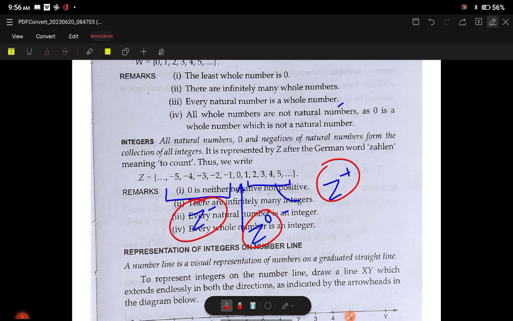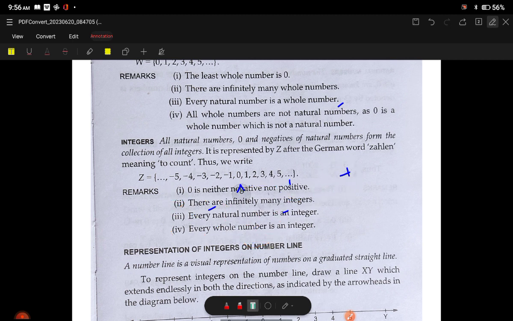Coming to the remarks, some remarks we will see. 0 is neither negative nor positive. There are infinitely many integers. Every natural number is an integer. Every whole number is an integer. So the series goes this way: first natural, then whole, then integers.